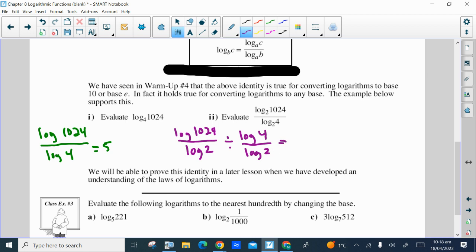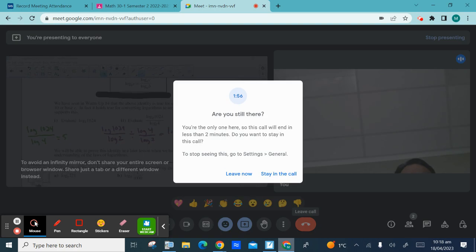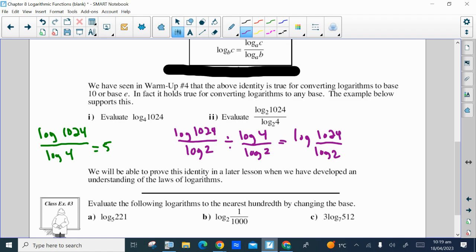We're dividing a fraction. To divide a fraction, you multiply by the reciprocal. So the second fraction is flipped over, and you multiply instead of divide. So that'll be my next step, times the reciprocal, which is log 2 over log 4.